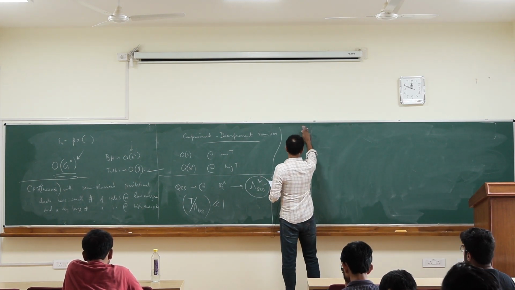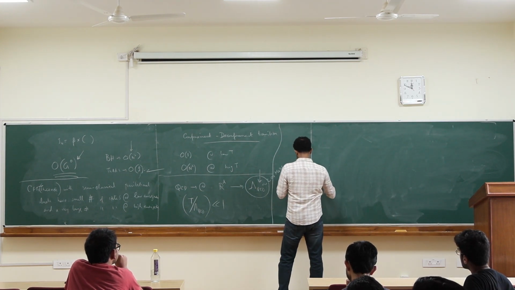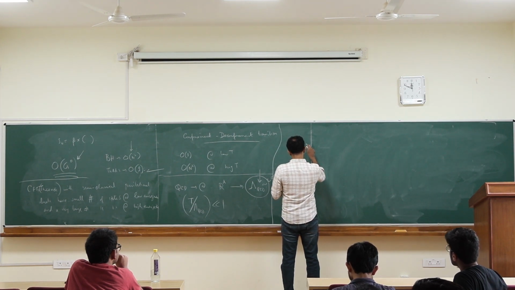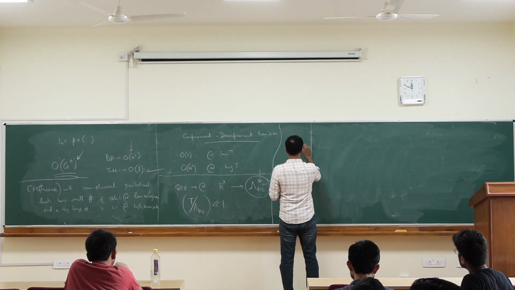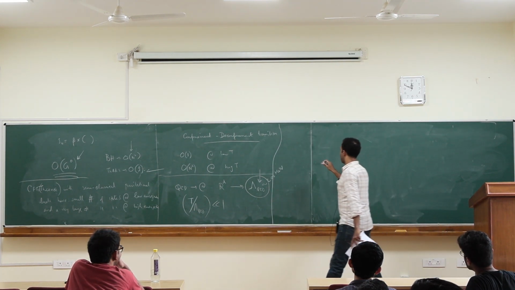So that's one statement, and let me say a couple of words about something that, even though it's not super important for us, I think is good to hear. Phase transitions are usually characterized by quantities called order parameters.